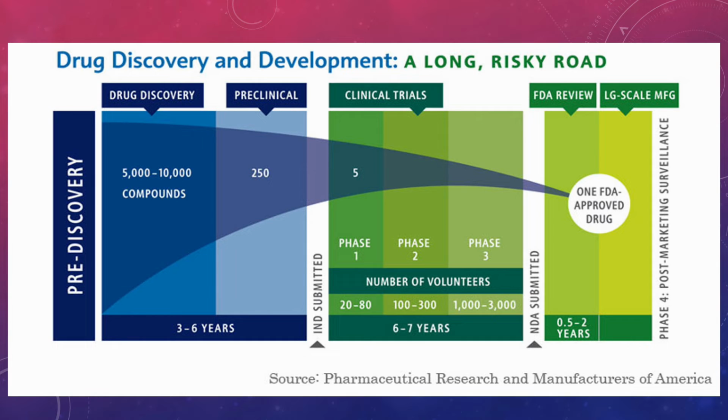This ensures that enough data is obtained to show that the drug is safe for humans and has intended clinical efficacy. So, in connection with phase 3 studies, researchers document and report any side effects experienced by patients.